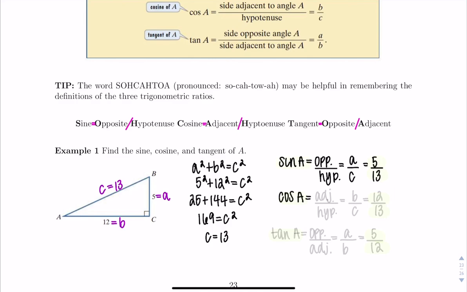Cosine of A, which is adjacent over hypotenuse. That is b over c, which is 12 over 13.